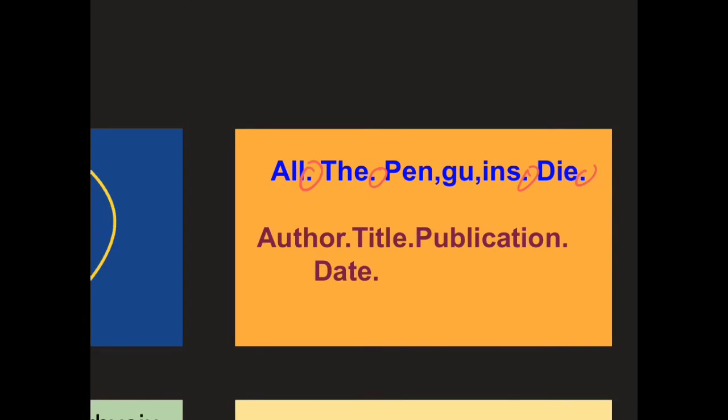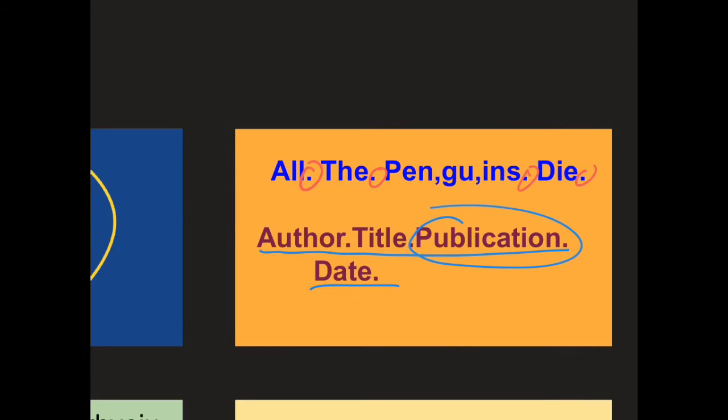This format is pretty standard for almost any bibliography that you will write. The sticky part happens right here. But we start with the author, we move to the title, then we provide publication information, and finally we wrap up with the date.